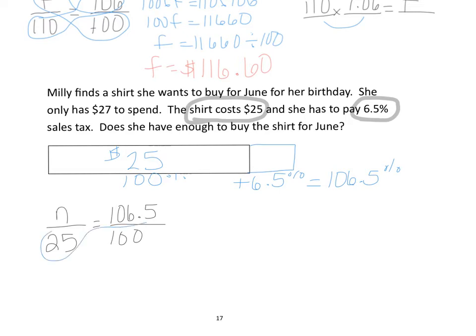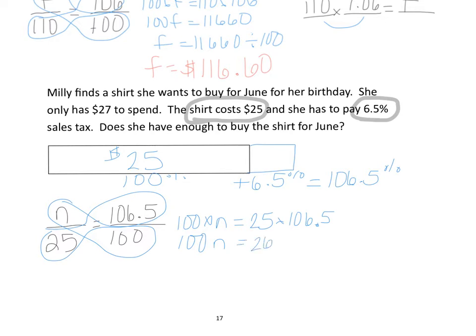We cross multiply. A mistake that students make at this point is they try to put the 27 in on the proportion, and we're not ready for it yet, because the 27 is only going to come into play when we're asked, does she have enough money for the shirt? Otherwise, we don't need to worry about the 27 yet.